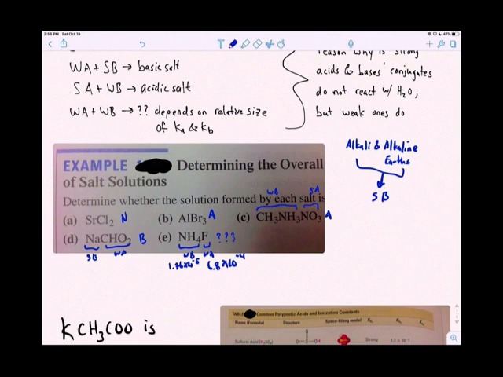So minus 5 versus minus 4, the weak acid is stronger than the weak base, therefore this is an acid salt. So it just depends on relative strength. In this case, since the Ka value is larger than the Kb value, that's how you can tell. But that's a harder one. You have to look that up.